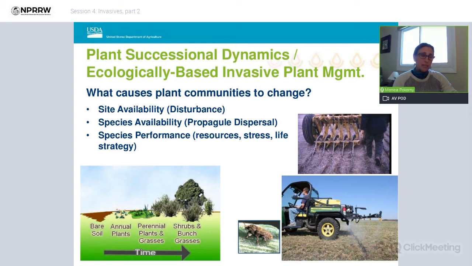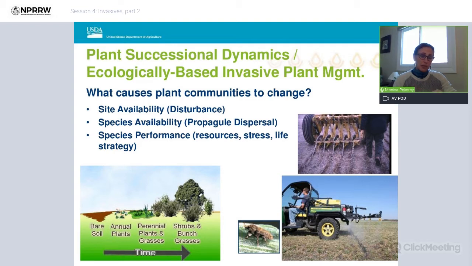So the idea is that you're addressing invasive plant management in the way that a plant community would normally change, and the factors that cause plant community change. And those are having an available site. So there might be a disturbance on the site that causes an opening of a niche or an available site.